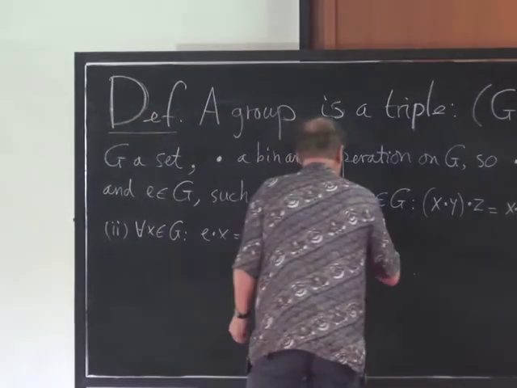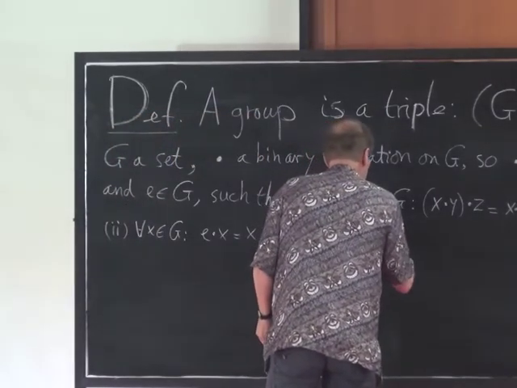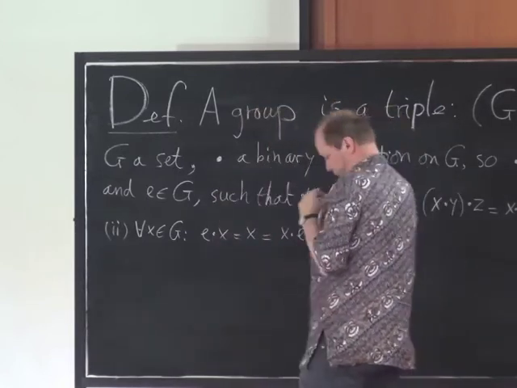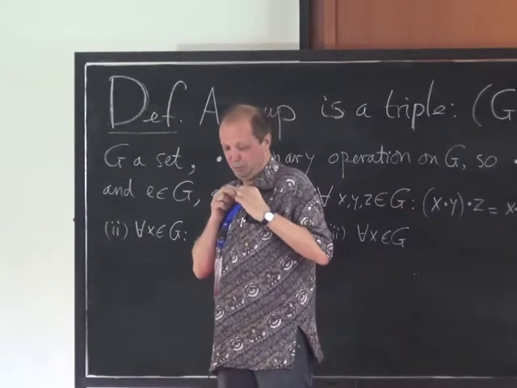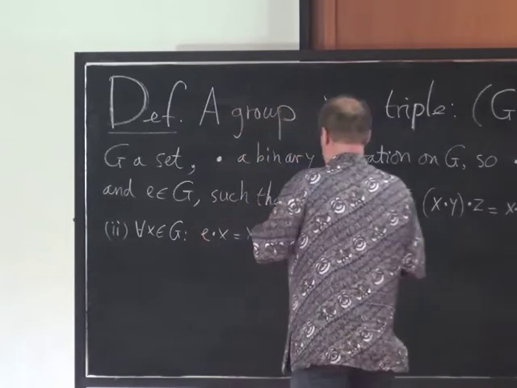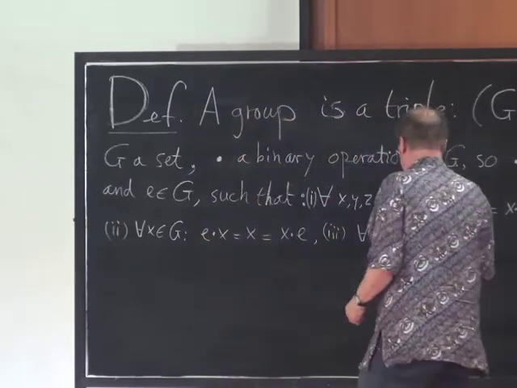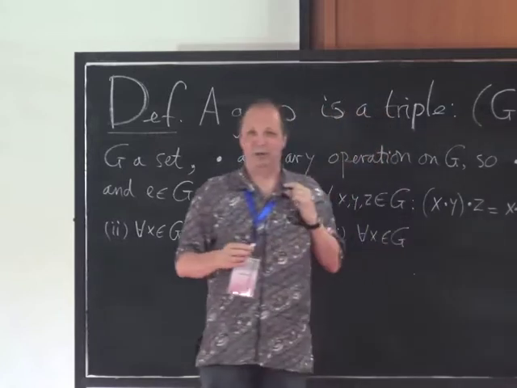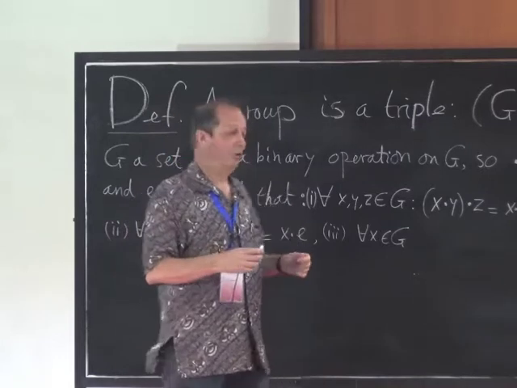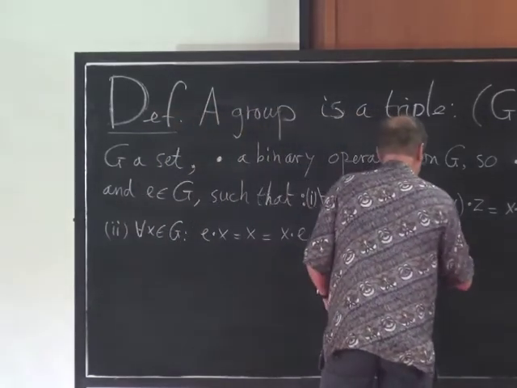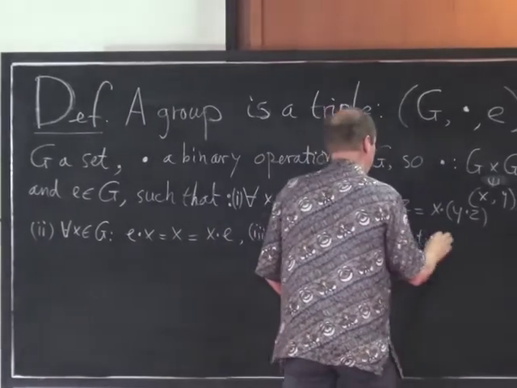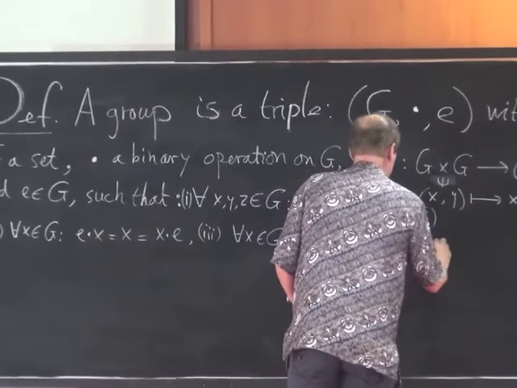So for every x in G, there exists a y in G, such that x times y is E, and that is also y times x.